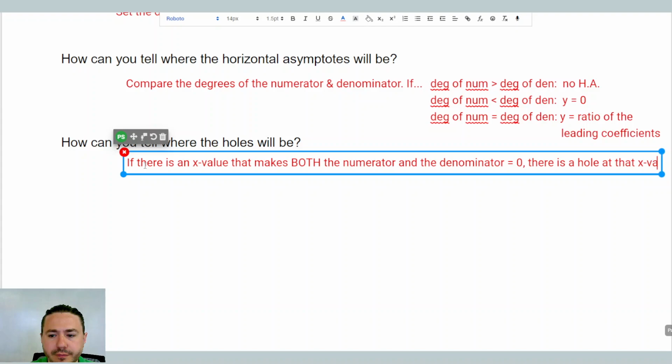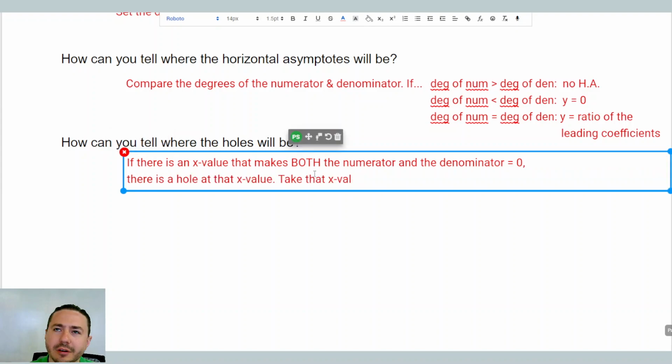Take that x value and substitute that x value into the whole equation to find the y coordinate. All right, and that's pretty much it.